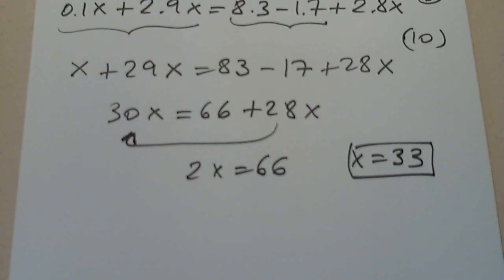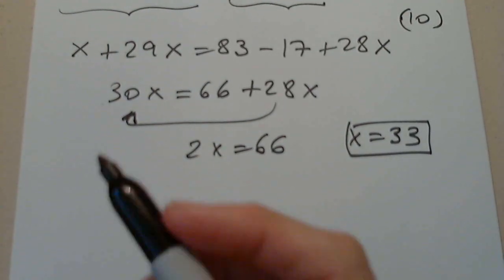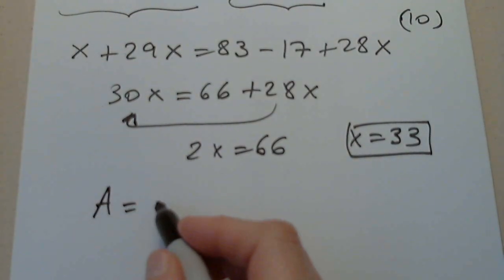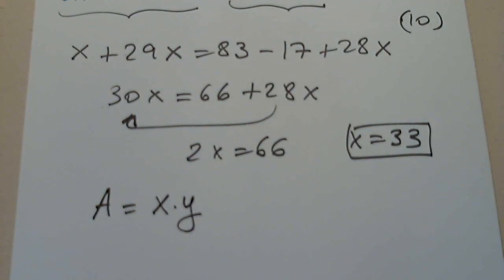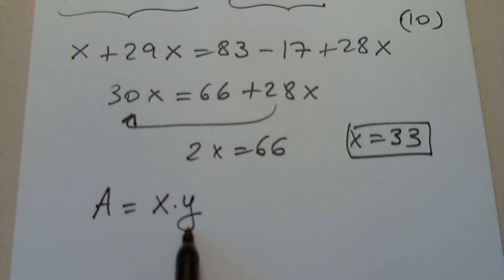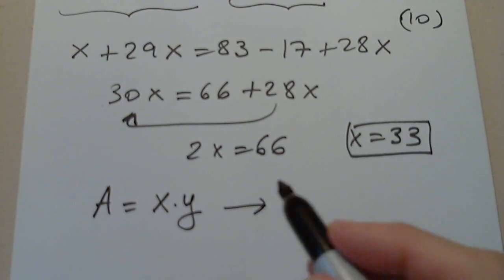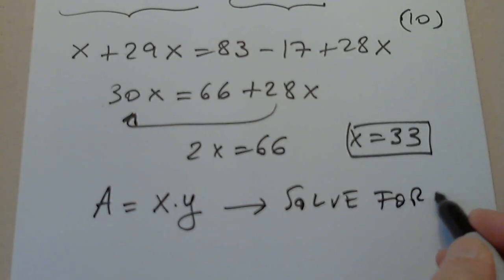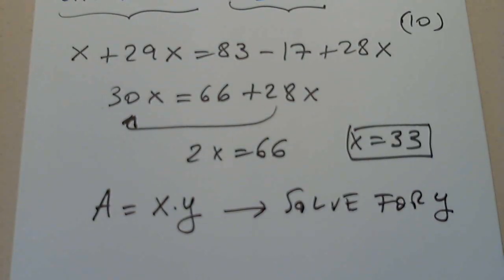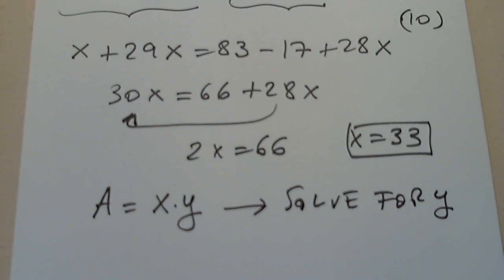So here are examples. Let's suppose I have the area is the length times width for a rectangle. And here I see three variables. Let's suppose I am asked to solve only for y. What does that mean? It means that y is the variable in the problem, and they're asking us to solve for it.